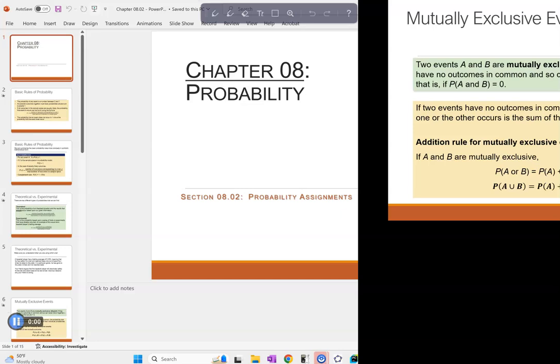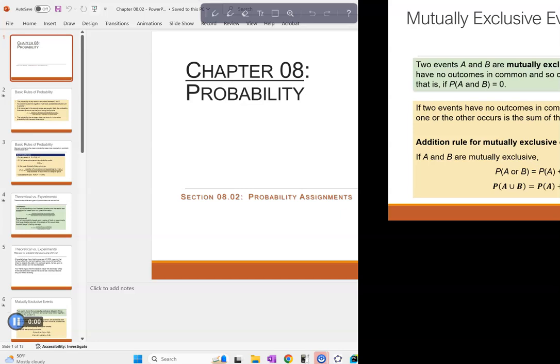Okay? So it's the assumption, if I wanted to calculate the probability of getting a face card or a card that has value 7, it would just be the probability of getting a face card plus the probability of getting a card that's 7, because there's no probability of getting both, right? So it's just going to be one or the other. Can't have both.